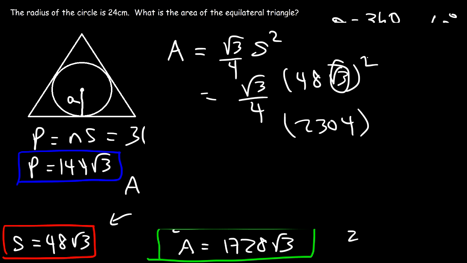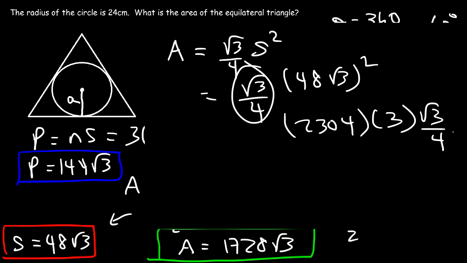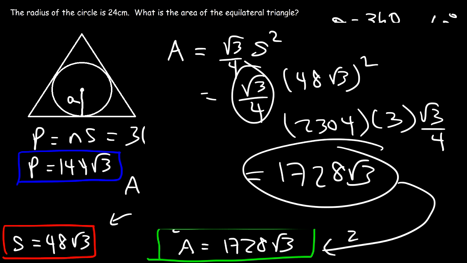And the square root of 3 squared, that's the square root of 3 times the square root of 3, which is the square root of 9, and that's 3. So we have to multiply that by this. 2304 times 3, that's 6912, divided by 4, that will give you 1728 square root 3. And so you can get the same answer.